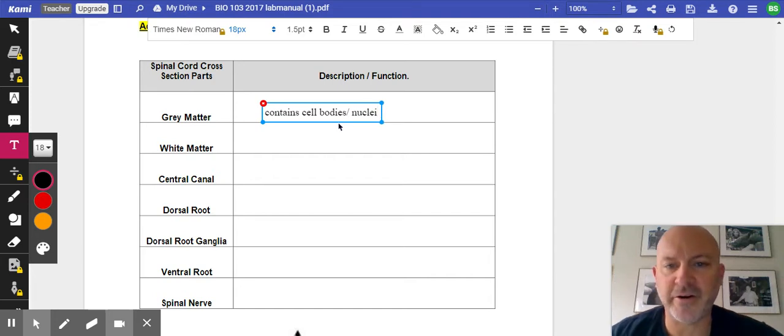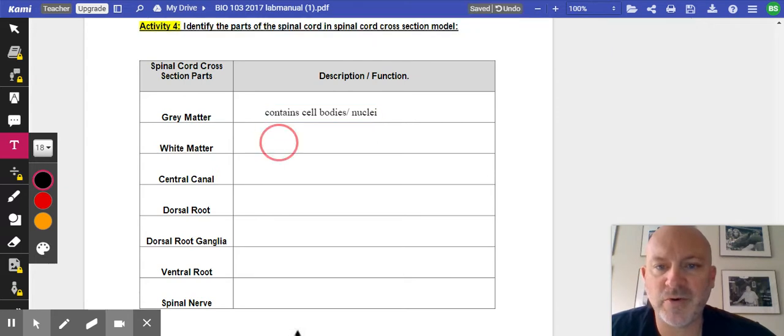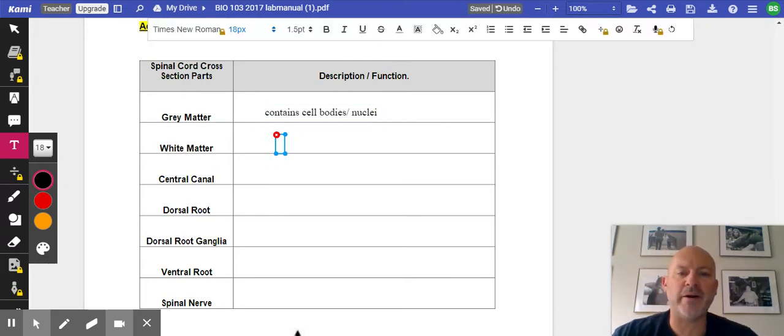The nuclei are darker. That's why this tissue appears gray. White matter contains myelin. Myelin is a light-colored fatty substance, so this contains the myelinated axons.